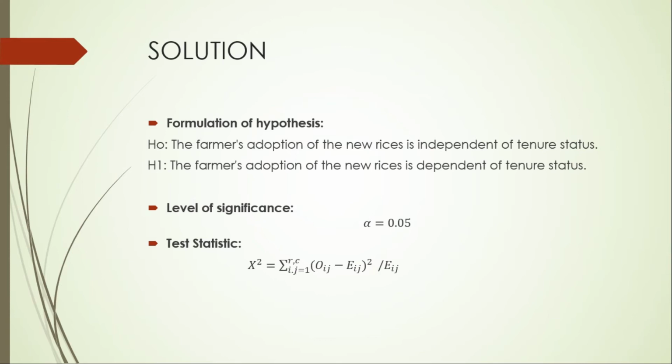So with the level of significance 0.05, we will test the test statistic: chi-square is equal to the summation of (Oij minus Eij) whole square divided by Eij.